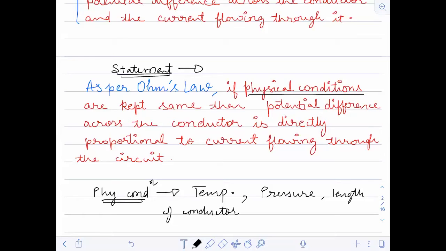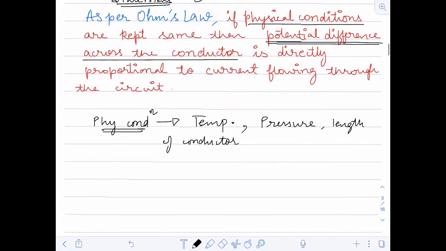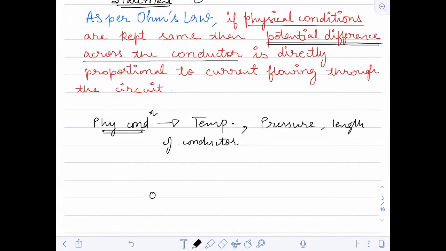Now, if the physical conditions are kept the same, then what happens? The potential difference across the conductor. What does across the conductor mean?